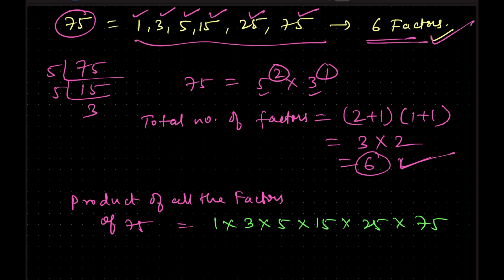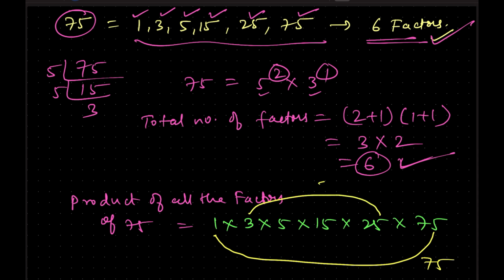If we multiply the first factor with the last one, 1 into 75, you get 75. Now multiply the second factor with the second last one, 3 into 25, you get 75. Now multiply the third factor with the third last, 5 into 15, you get 75. So you can see that you get 75 each time.